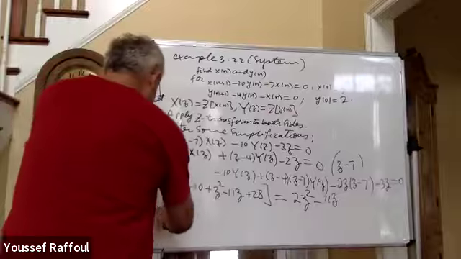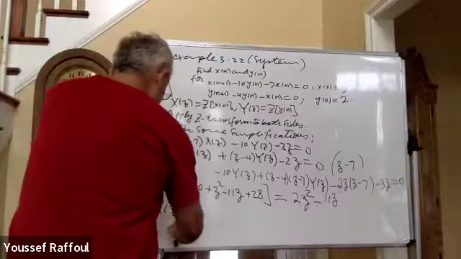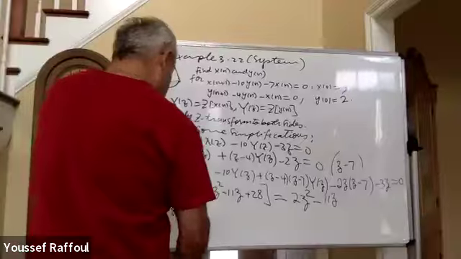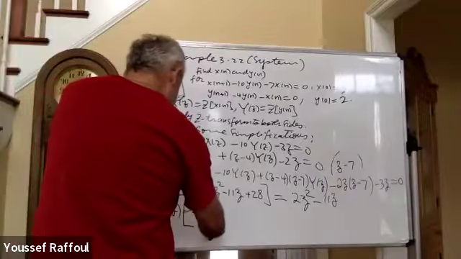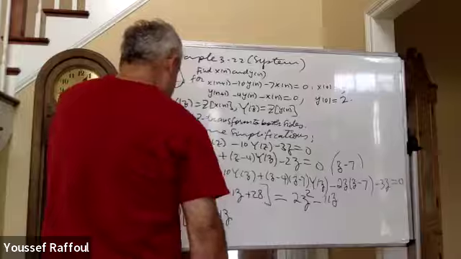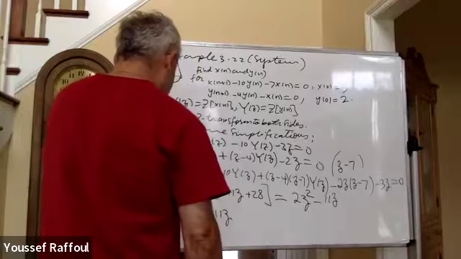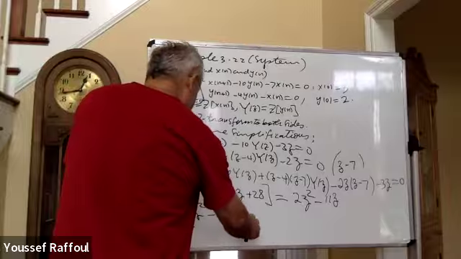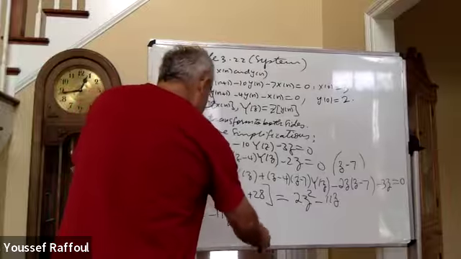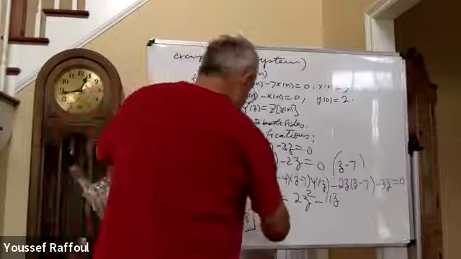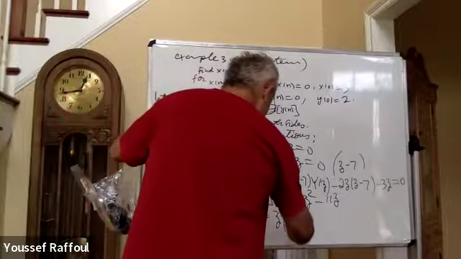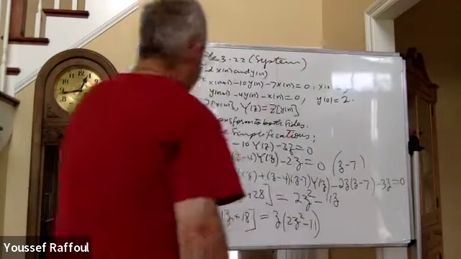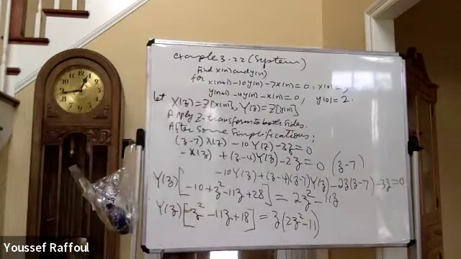So I'll have Yz times (z squared minus 11z plus 28 minus 10, plus 18) equal to z(2z minus 11).